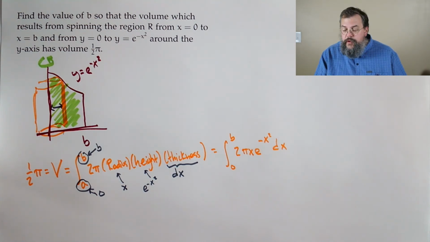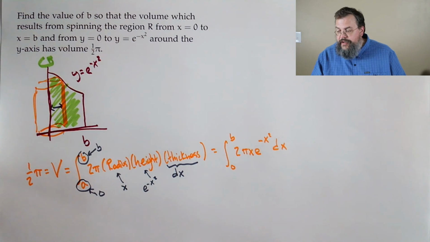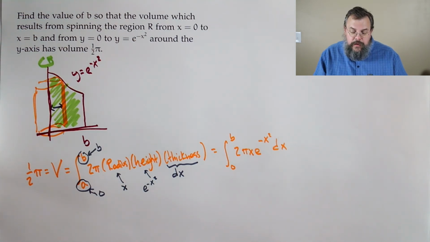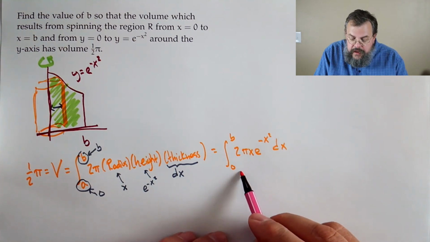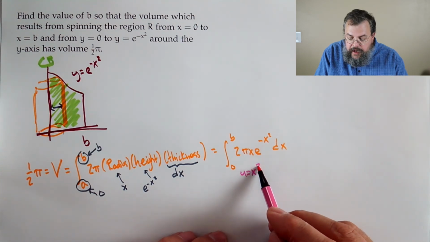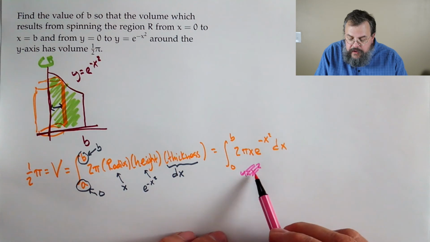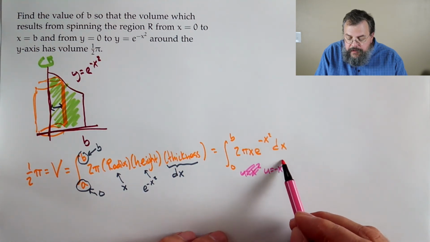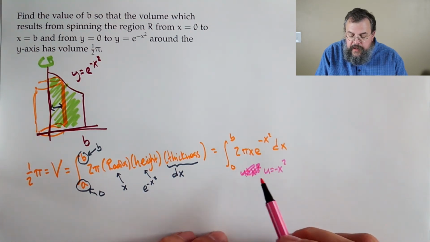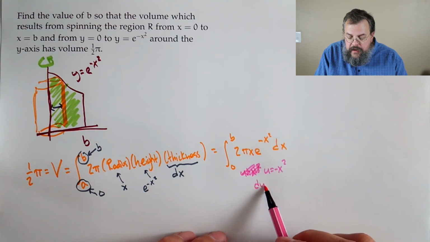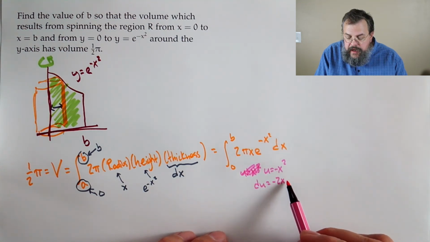So here's what we can do. Let's do a substitution. Our substitution will let u equal x squared. Then, in fact, let's go ahead and throw the negative in there. u equals negative x squared. Why not? And then what would du be? It would be negative 2x dx.